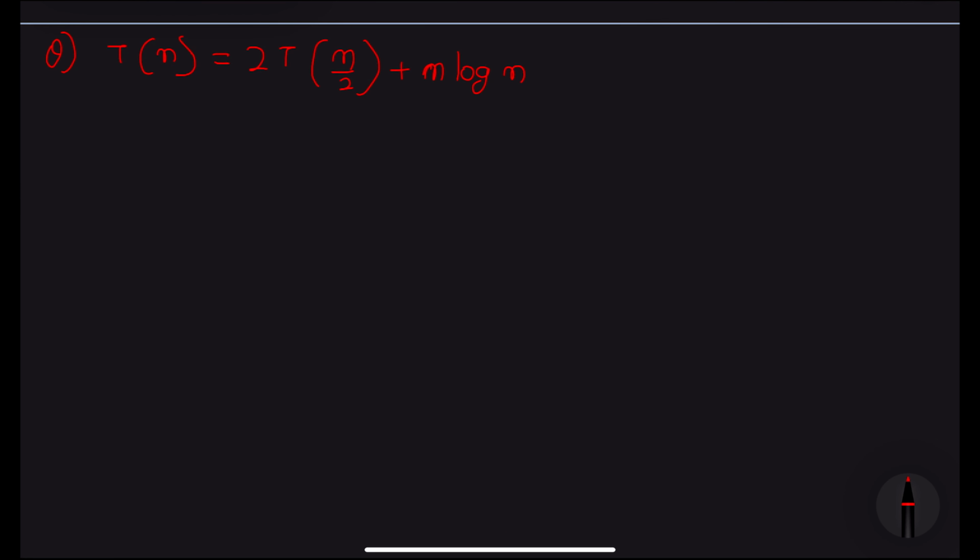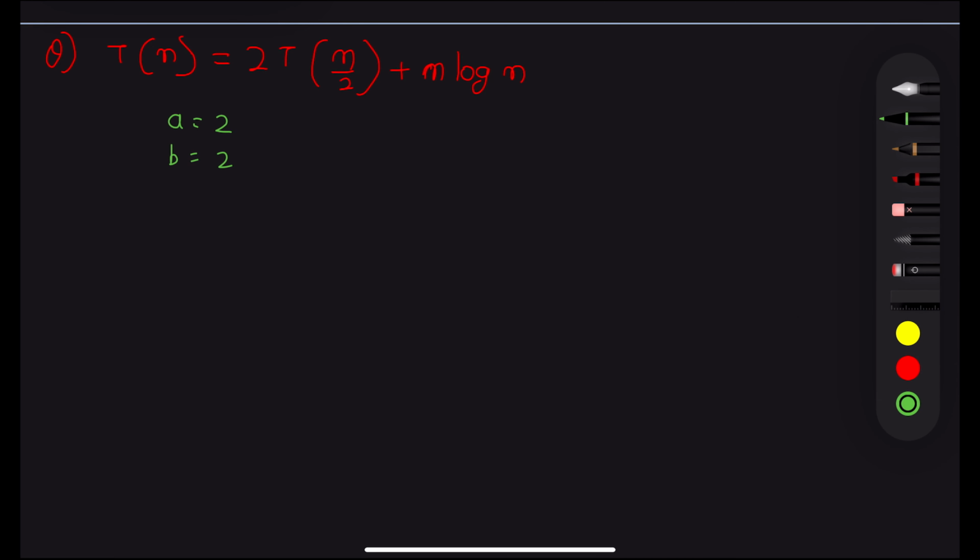Here we have T(n) equal to 2T(n/2) plus n log n. So we can write a equal to 2, b equal to 2, and f(n) equal to n log n. Let's find the value of n^(log_b a), which will be equal to n.